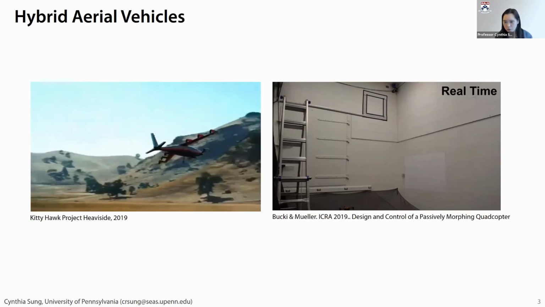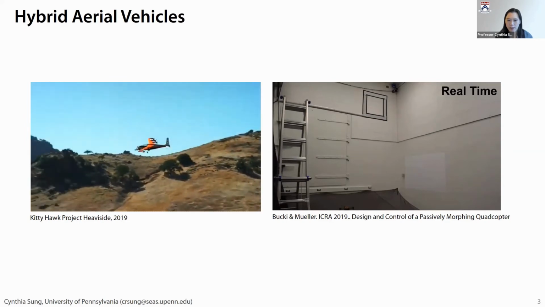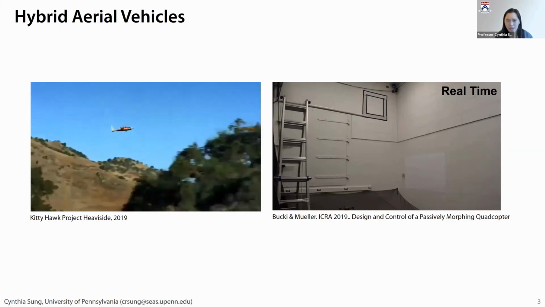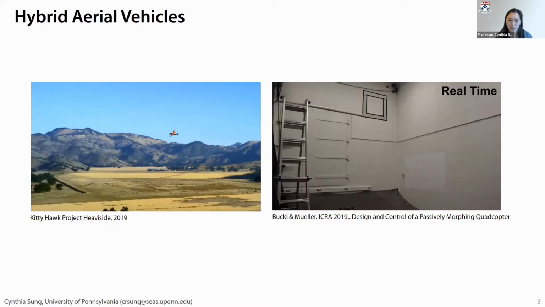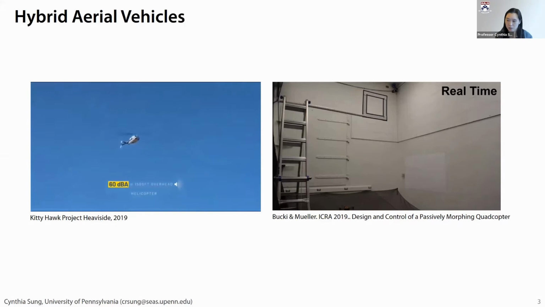There are many of these, of course, but this one is an example of one that can have vertical liftoff and landing, and switches into a fixed wing mode when trying to move long distances. Overall, it's more energy efficient than any of the individual modes alone. And so a lot of people are trying to develop these vehicles to get more efficient, more maneuverable flight.